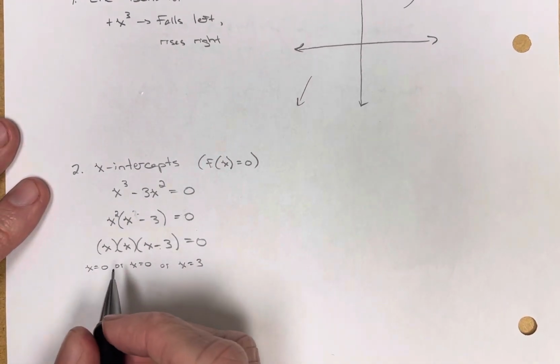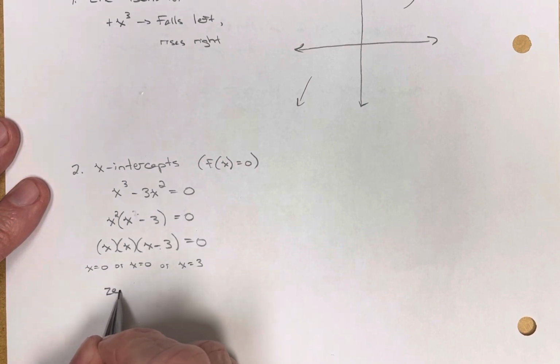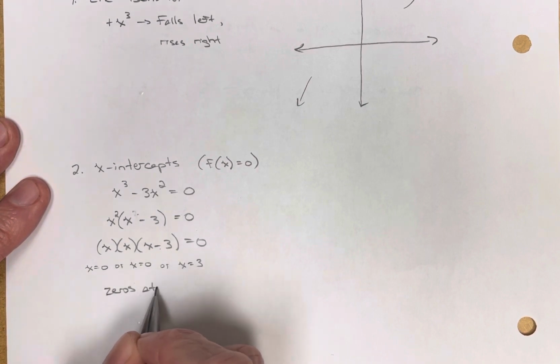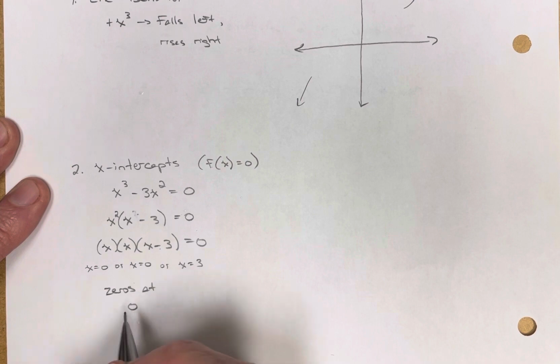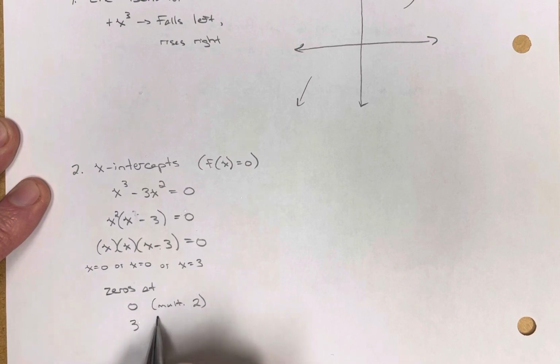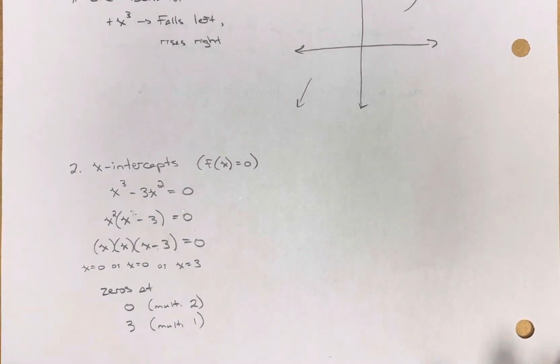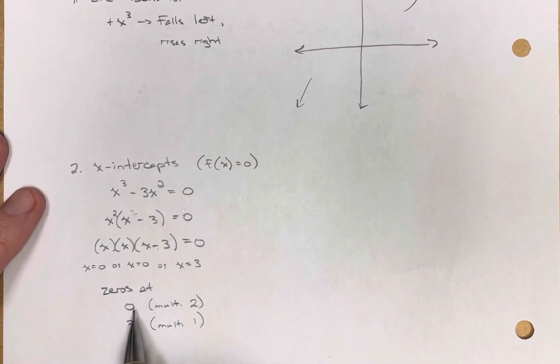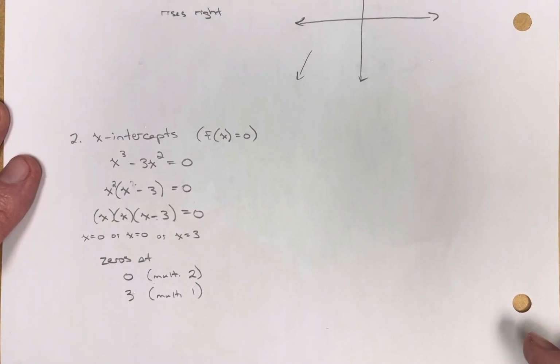So I have a zero at 0, and this one has multiplicity of 2, and I have a zero at 3, and this one has multiplicity of 1. So at 0, it's going to touch and turn. At 3, it's going to cross.